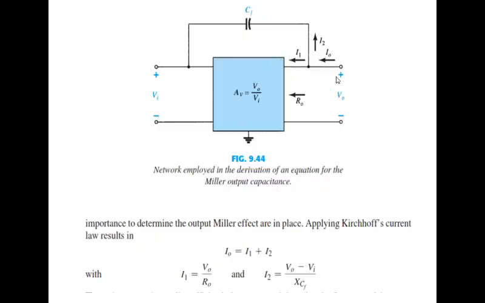Similarly, we can see the effect of Miller output capacitance, which is the reflected effect of this capacitance when we look from the output port, and proceed in the same way. If I indicate a node at this output port, then I can apply KCL and proceed with the derivation.